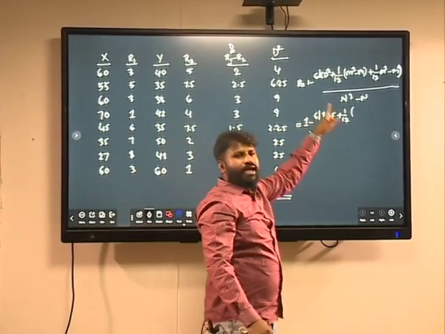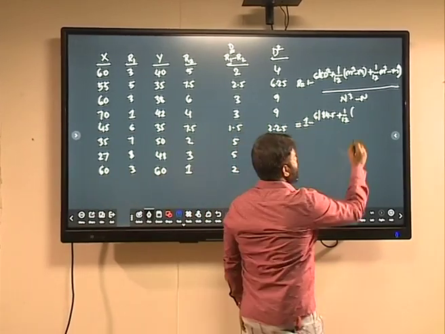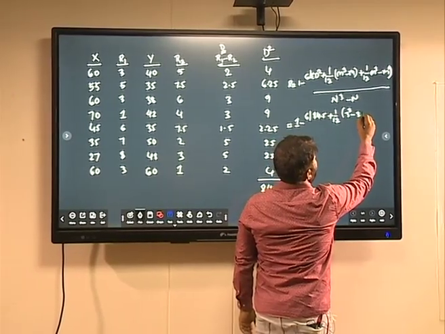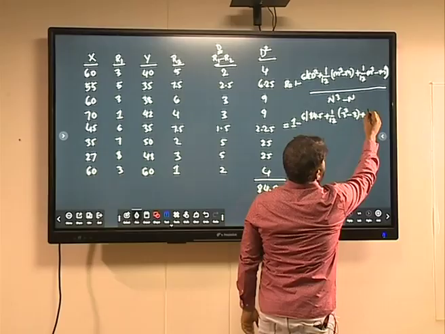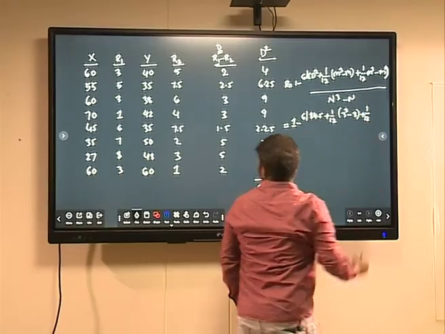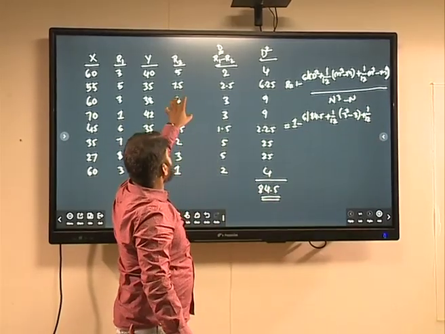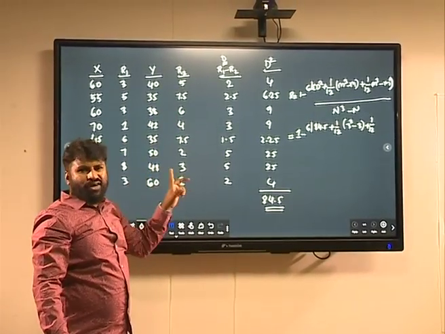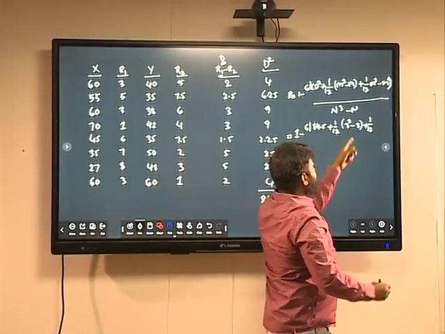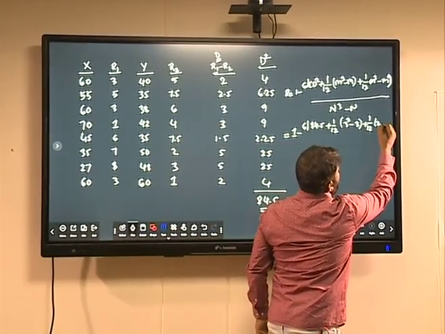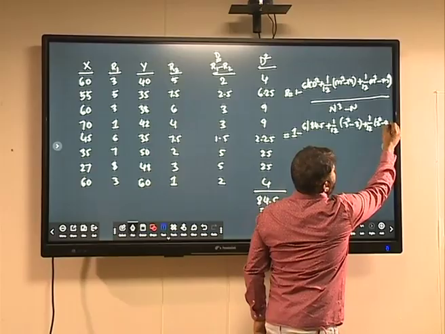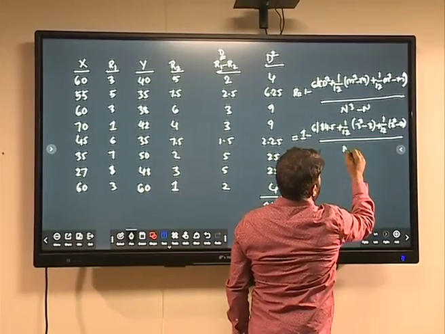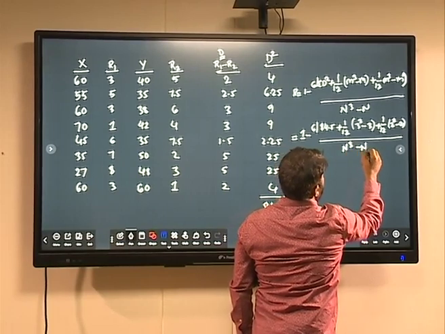So in place of m you have to write 3 cube minus 3, plus 1 by 12 again the same. So this series is over. Next series is what? In the y series, 35 is repeated twice. So instead of 3 you can write 2 cube minus 2. After that, as usual, n cube minus n.